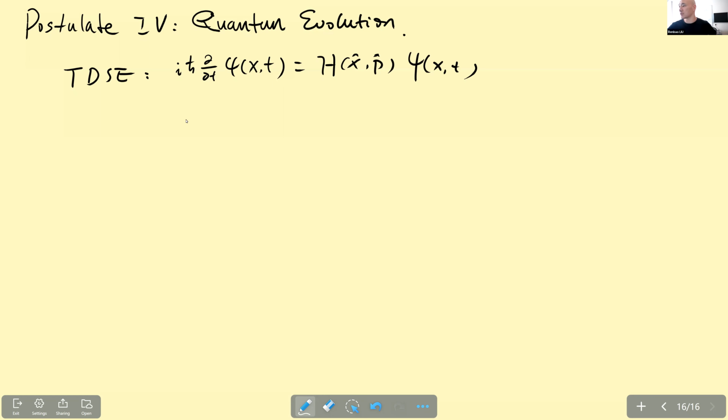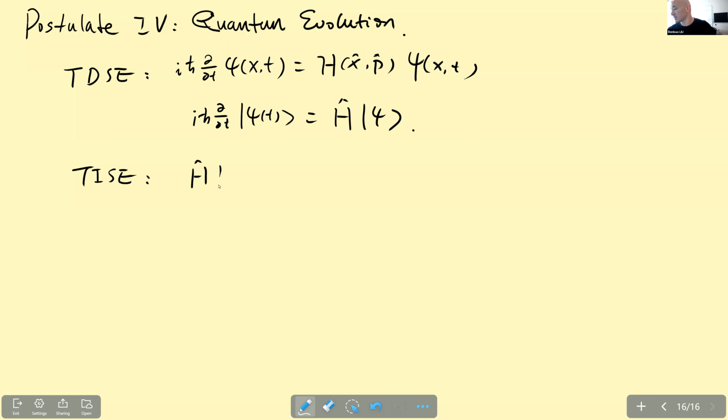So in Dirac notation, we say that we have this one. Okay. Right, so that's the evolution. If we have the time-independent Schrödinger equation, we solve the problems, right? Suppose we have done this one. Okay.